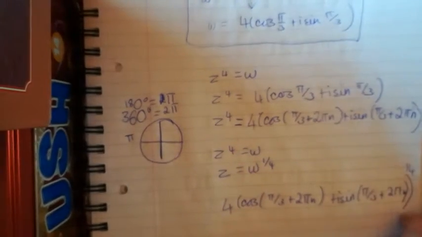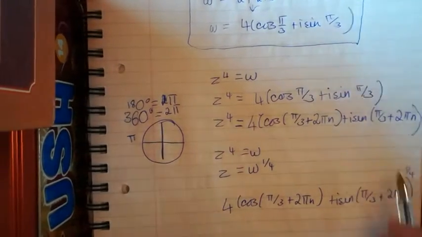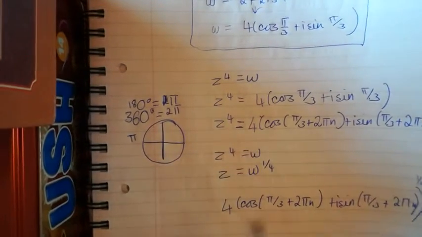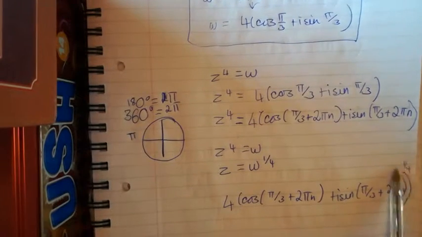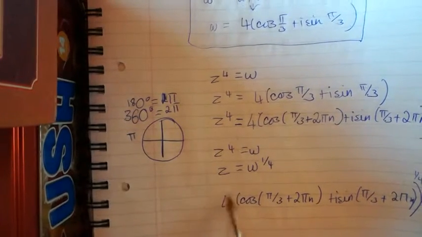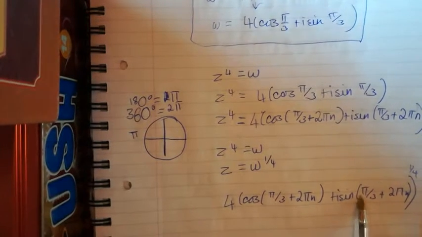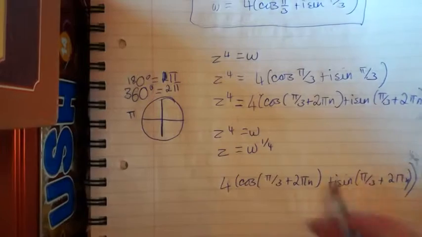But we know from De Moivre's theorem that if we have a complex number in polar form, all raised to a power, it's going to be the modulus to the power, and the angle multiplied by the power, and this angle multiplied by the power as well. So I'm going to write that out.